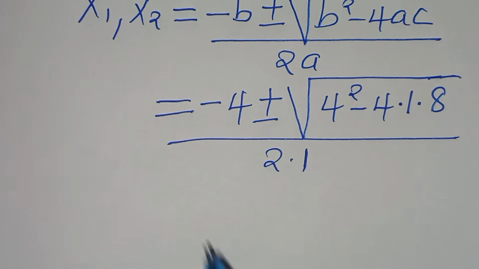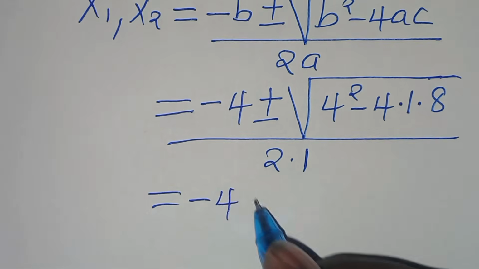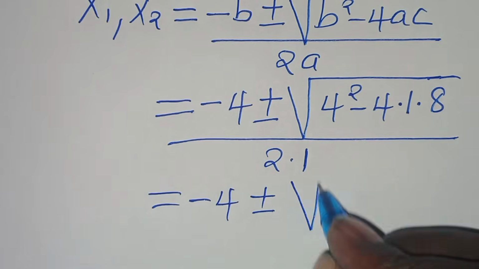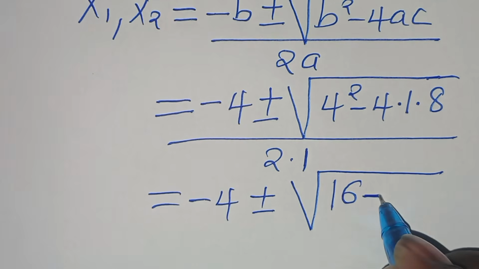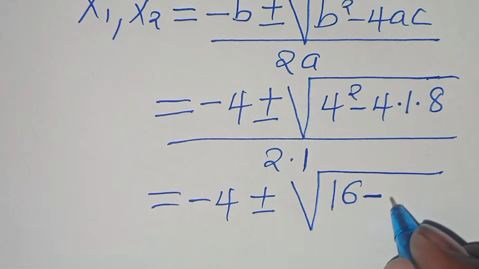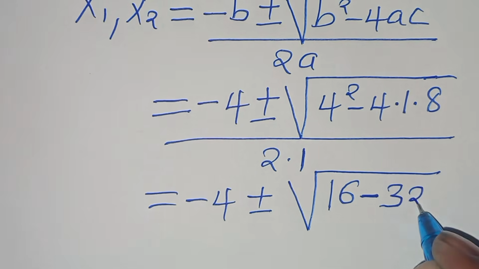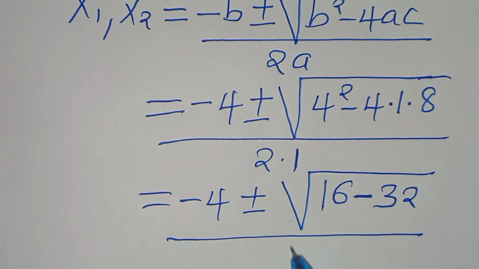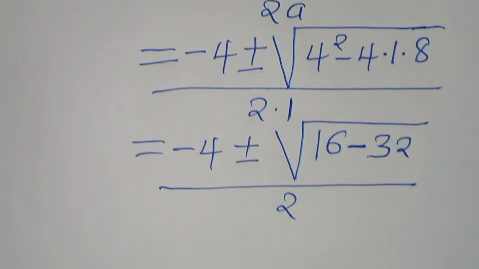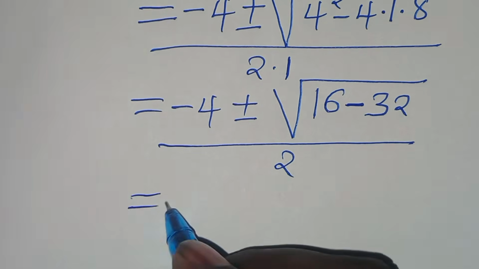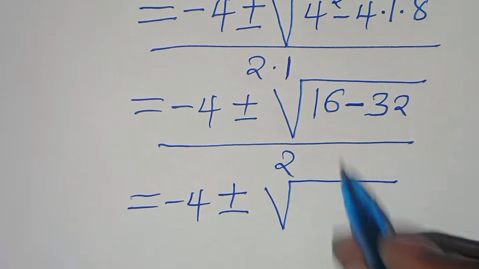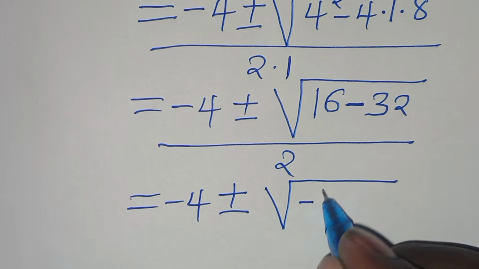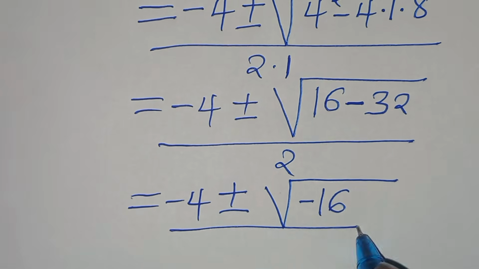So this means that we have negative 4 plus or minus the square root of 4 squared, this is 16, subtract 4 times 8, this is 32, so we have 16 minus 32, then divided by 2. So here we have negative 4 plus or minus the square root of negative 16, divided by 2.